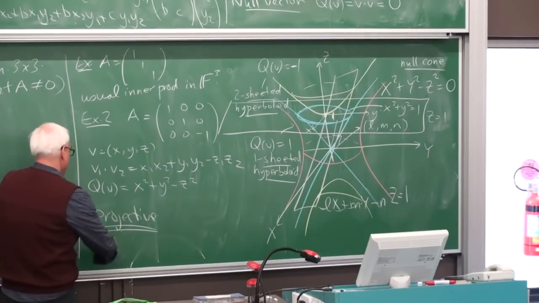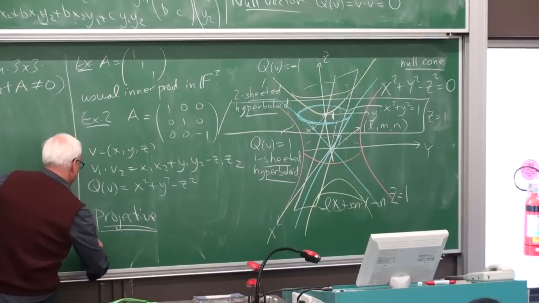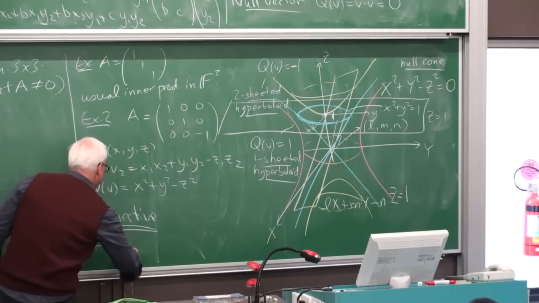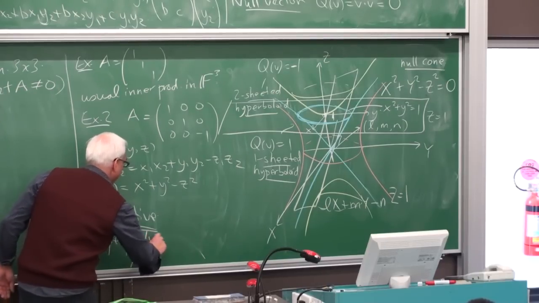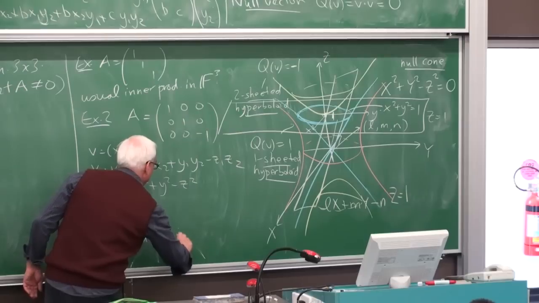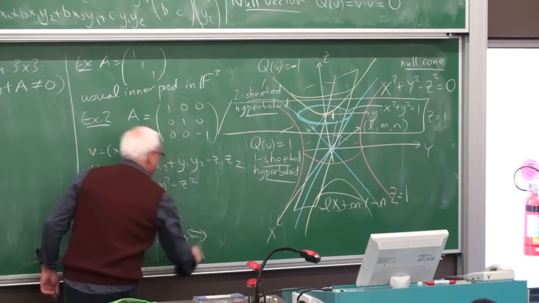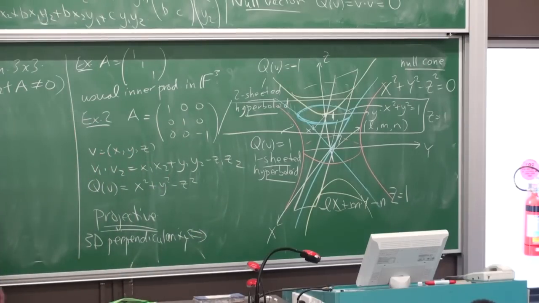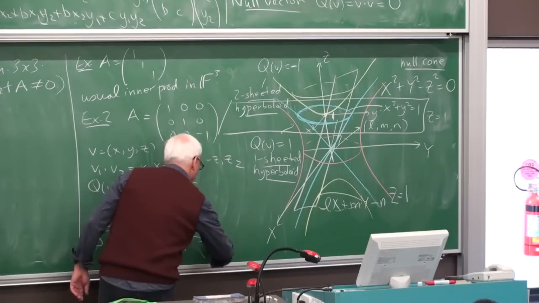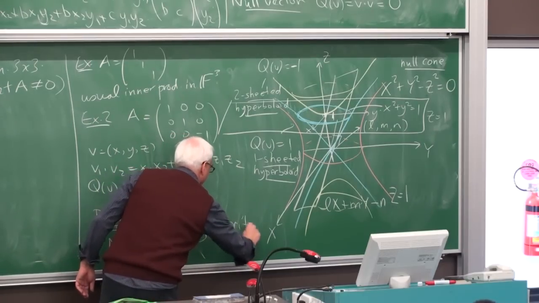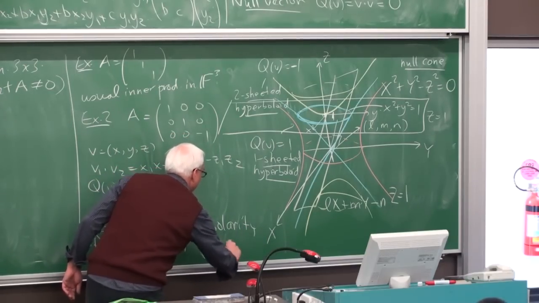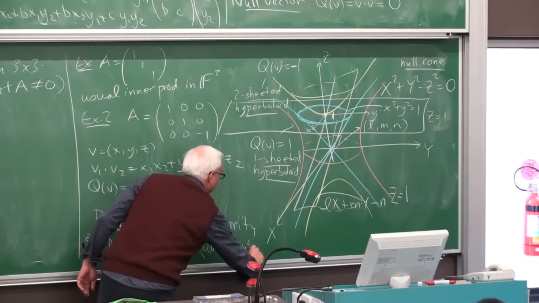Okay, so the three-dimensional perpendicularity is really the same, from this projective point of view, with the polarity with respect to this unit circle x squared plus y squared equals 1.